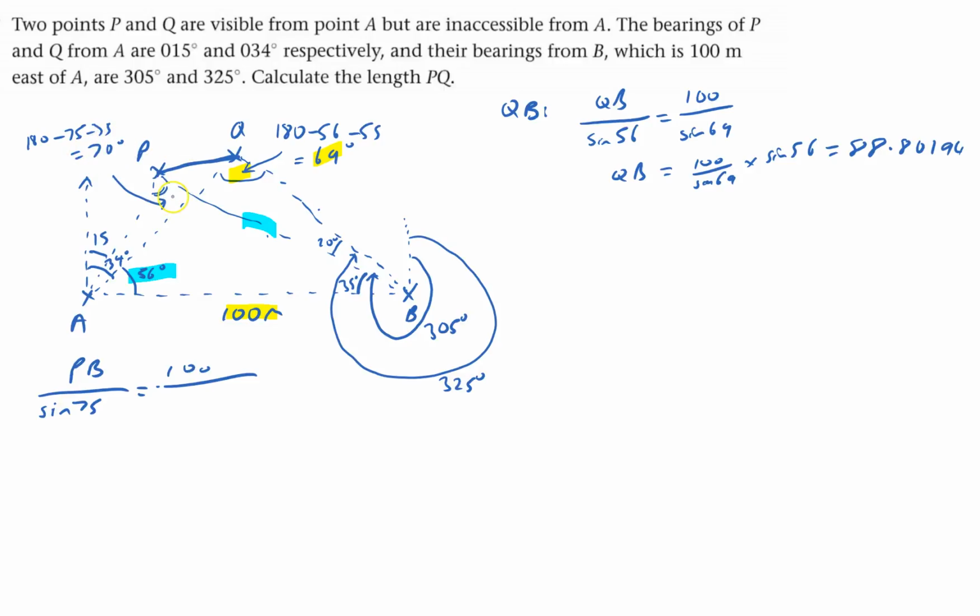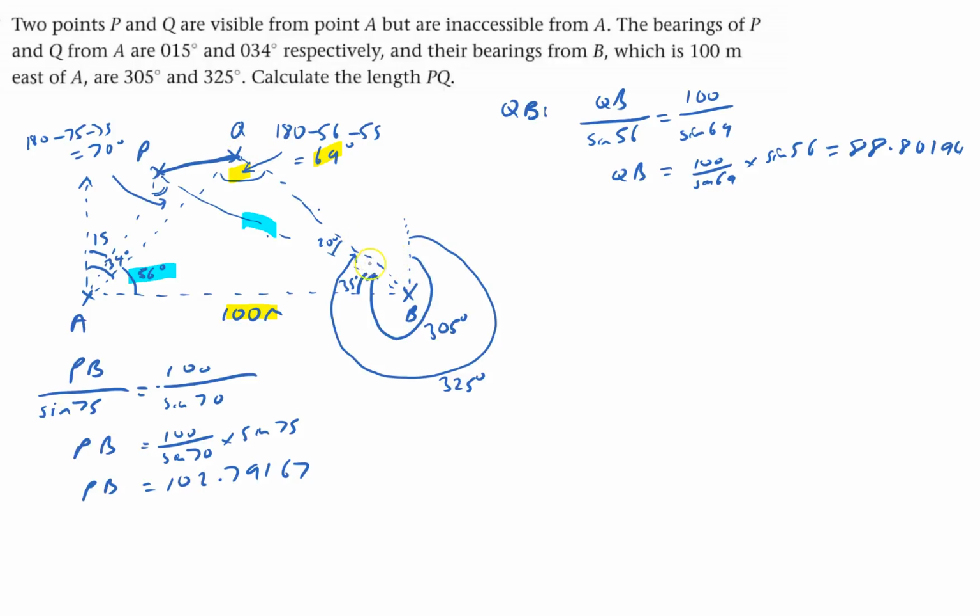So that's 70 here, so that's over sine 70. So PB equals 100 over sine 70 times sine 75. So PB equals 102.79167.